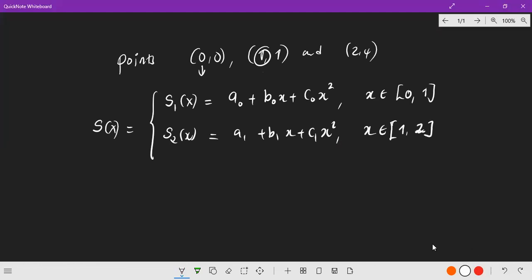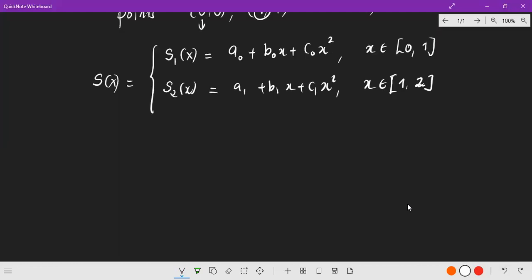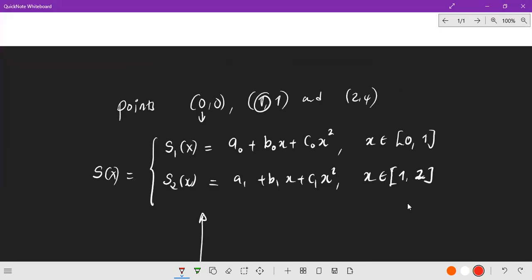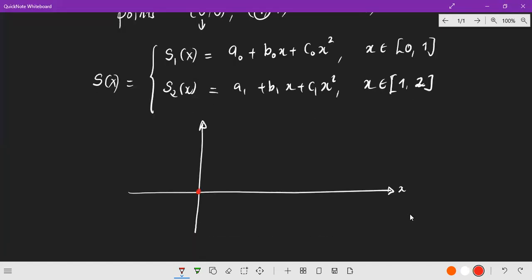All right, so the first thing is, let me just sketch a bit of this. We have those data points given. We have a point at the origin, 0, 0. You also have another point at 1, 1, somewhere here, and another point at 2, 4, somewhere here.